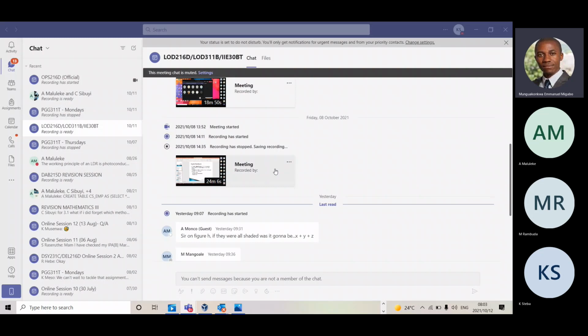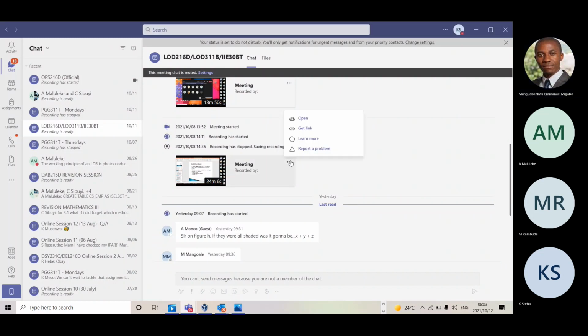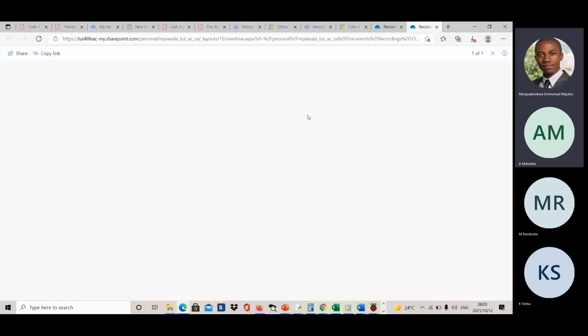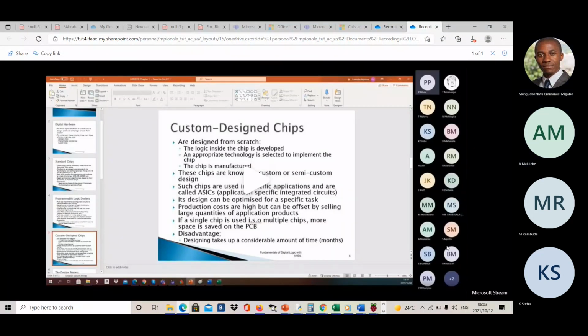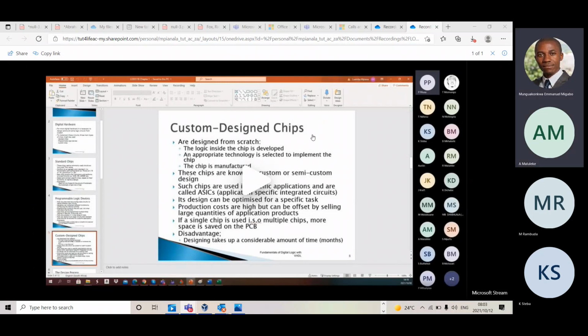Let me see. Yes, it is. Okay, go to the 3 dots. Open. The video will open. Then you should have it on downloaded. He opened the one for LOD, not OPS.